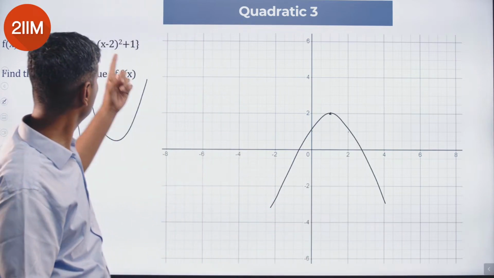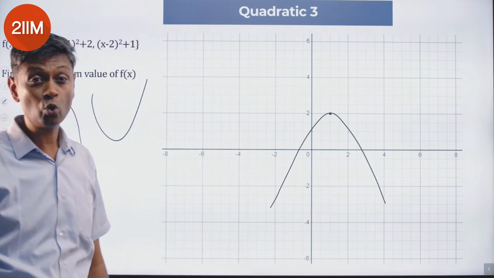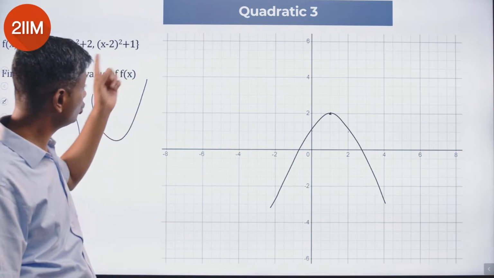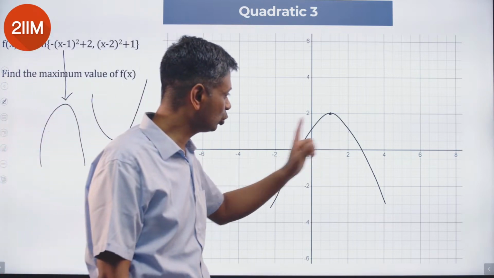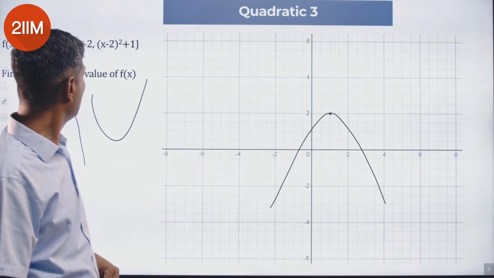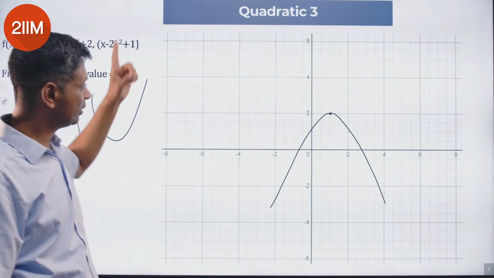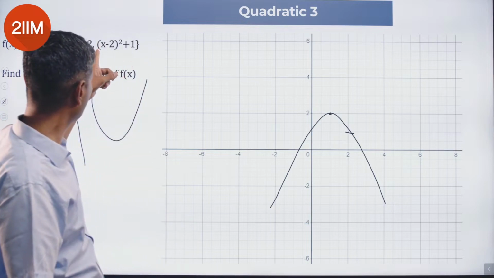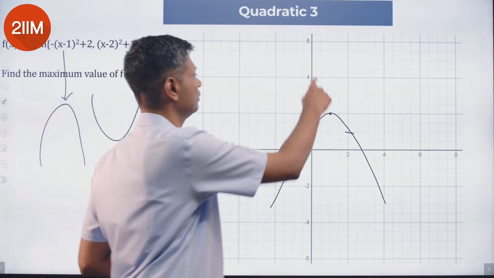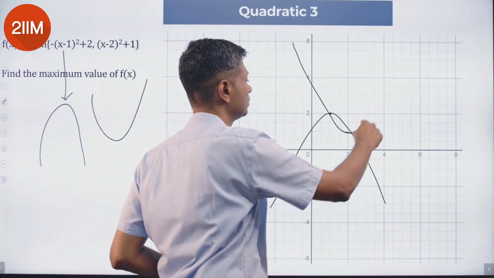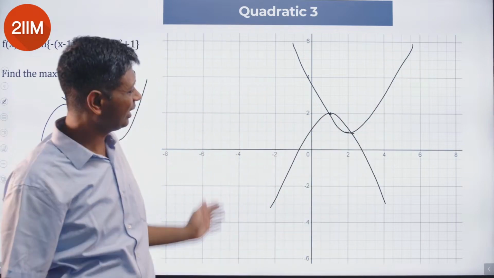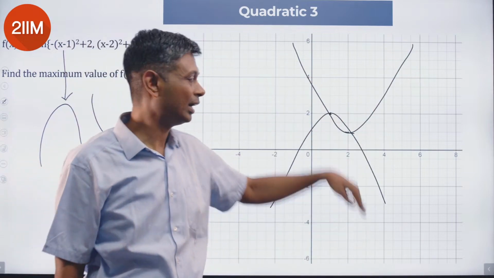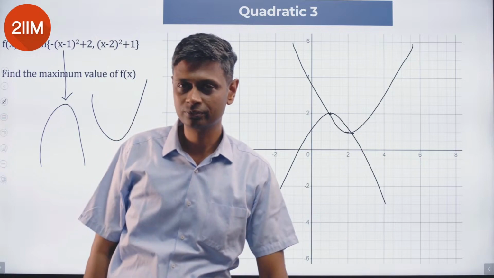And this one, x minus 2 whole square plus 1, when x is 2, this will be minimum, and the minimum value will be 1. When x is 1, this will be 2. So this is the curve. One is an inverted view, the other is a normal view.